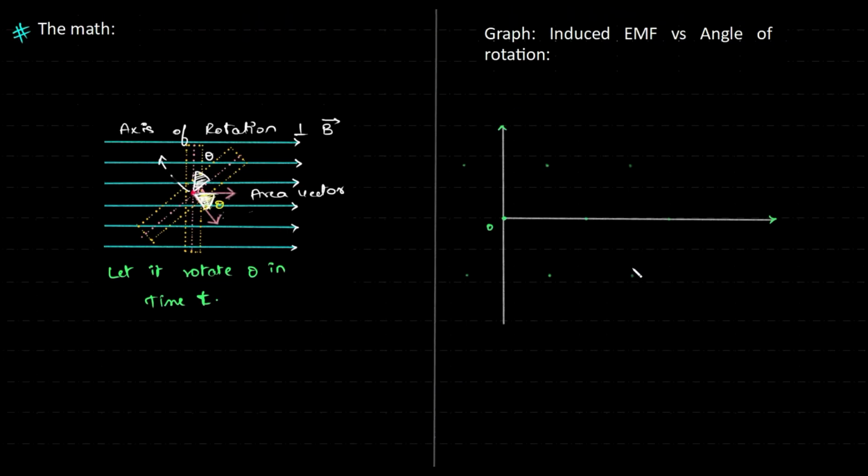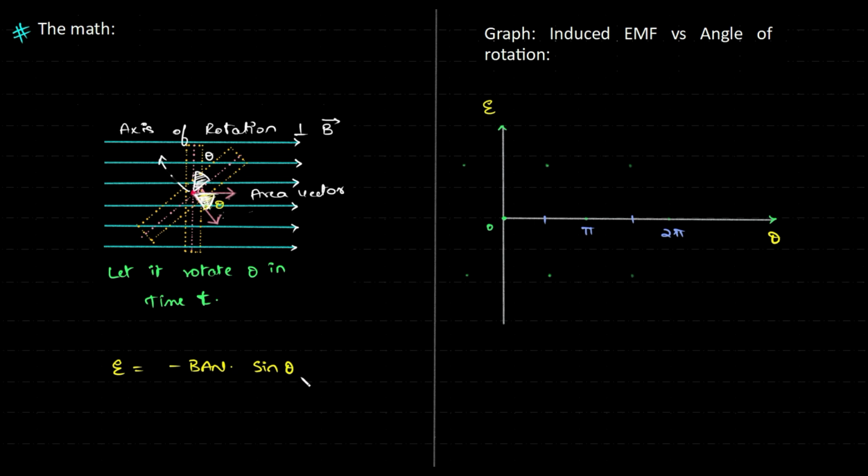Right? Now let's look at the graph. So this is 0, say this is pi, and this is 2 pi. So obviously this is pi by 2, then pi plus pi by 2. The maths tell us that since theta here is along the x-axis and this is your EMF, we have the expression: minus BA and some constant, all of these are constant, sine theta.